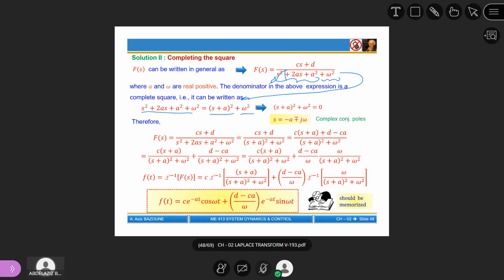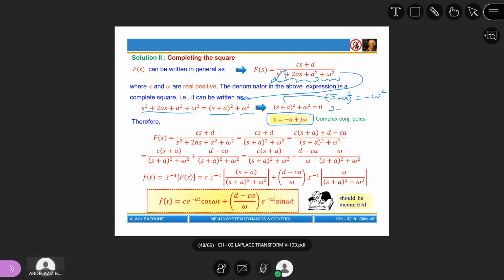If you solve this equation, you get two complex conjugate roots, since s plus a the whole squared will be equal to minus omega squared.